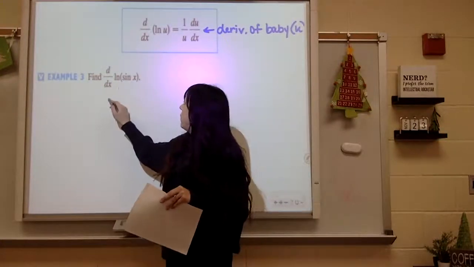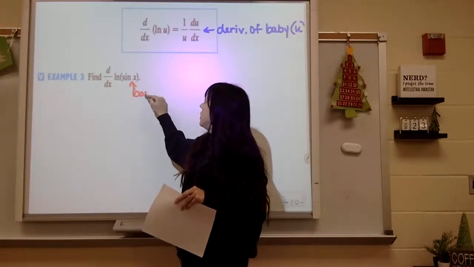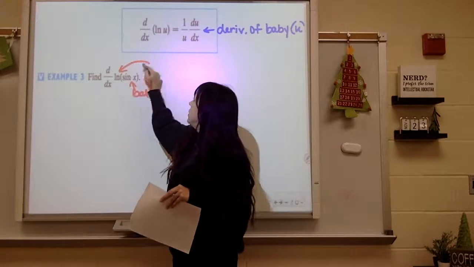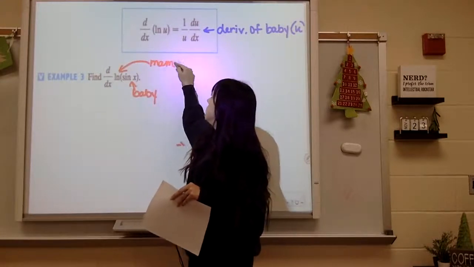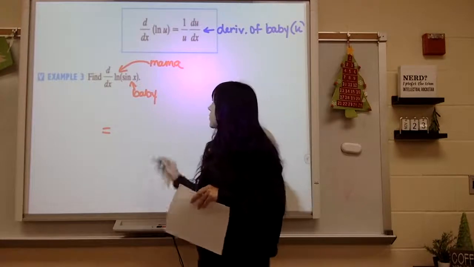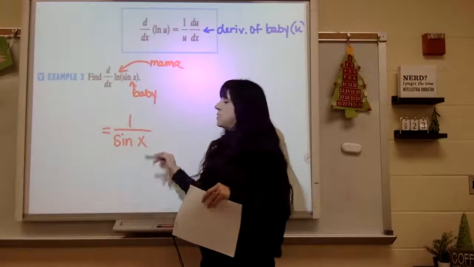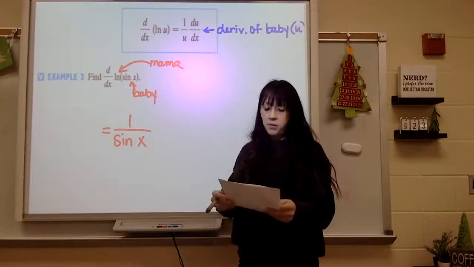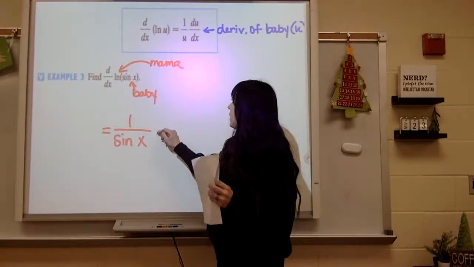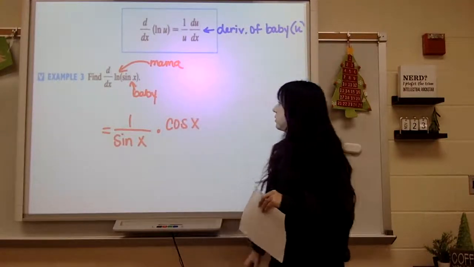So the derivative of ln of sine x. Sine x is our baby, ln is our mama. Here we go. The derivative is 1 over sine x, that's the derivative of the mama part, times the derivative of baby, which is cos x.